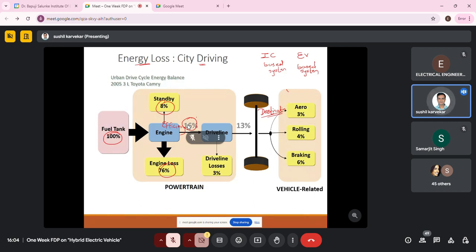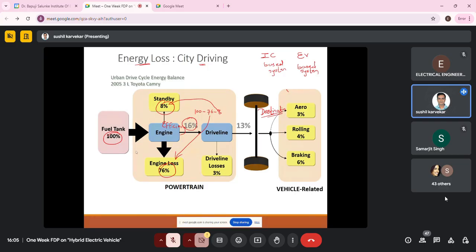So it's plain mathematics. It's 100 minus 76 minus 8. This is the loss which is taking place inside the engine, and this is the standby loss. Whenever I'm just starting the vehicle, there are standby losses associated, and that is amounting to 8%.